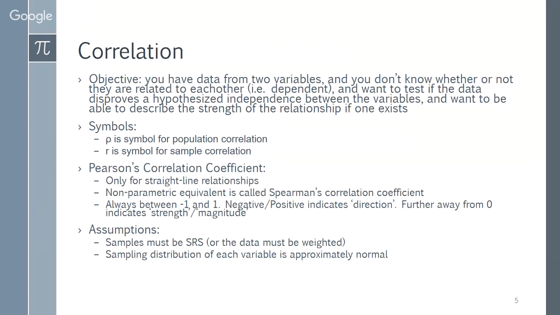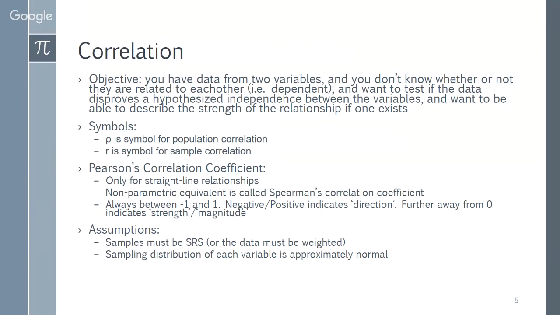So for example, a correlation of -0.8 is actually stronger than a correlation of +0.1 because -0.8 is further away from zero than 0.1. Even though 0.1 is greater than -0.8, again, the signs don't matter. All that the minus part of -0.8 says is that it's a negative, straight line relationship.